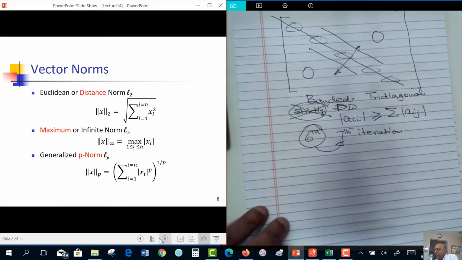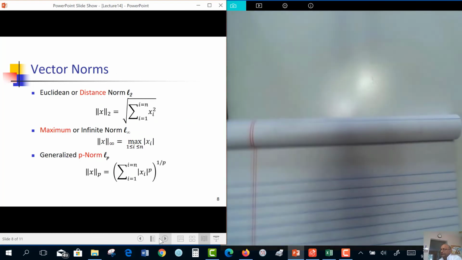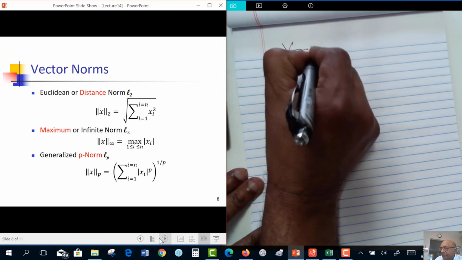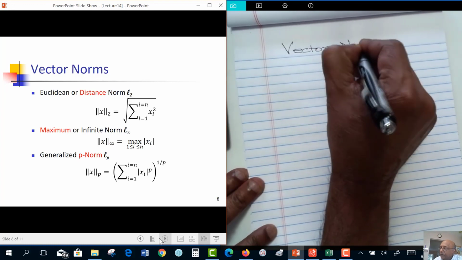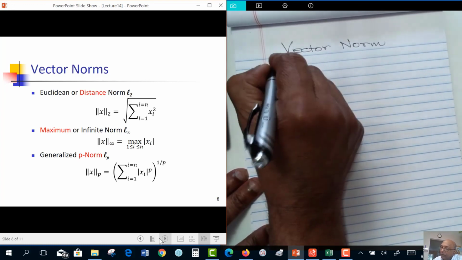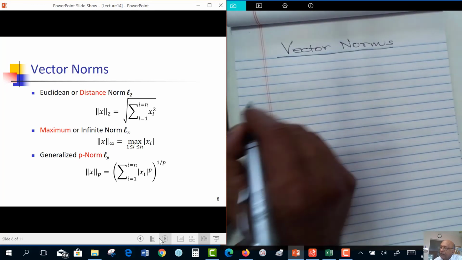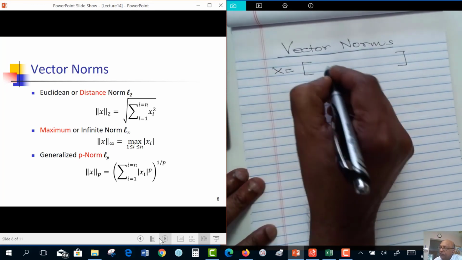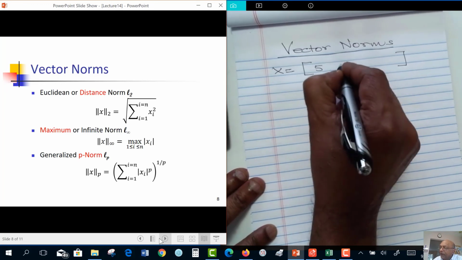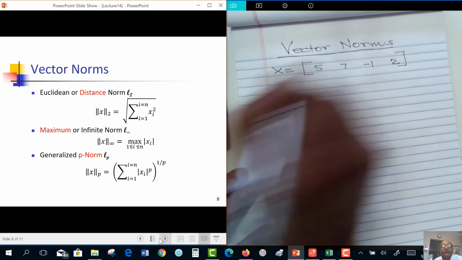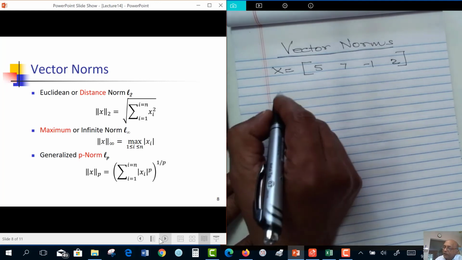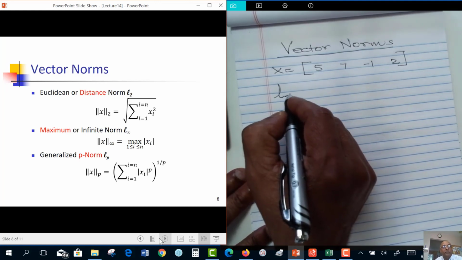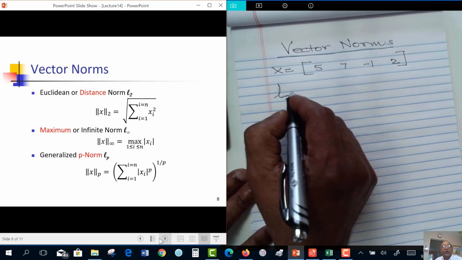Okay, let's look at vector norms. So in fact, we have been using vector norms without defining them. So we have a vector, let's say x equals 5, 7, -1, 2. So the first is our distance norm called L2 norm, also called Euclidean norm.